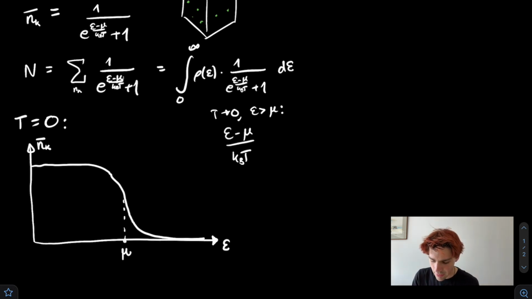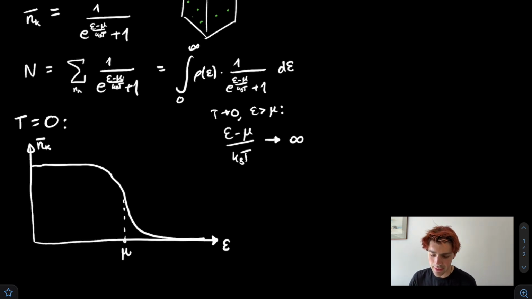And as T goes to zero, when the denominator goes to zero, this whole term is going to start getting really, really big. If you think about dividing by a really small number, the overall term becomes really, really big. So this tends toward infinity for very low temperatures very close to absolute zero.